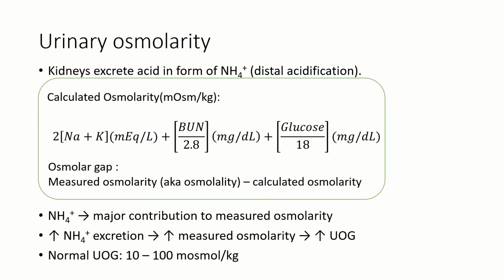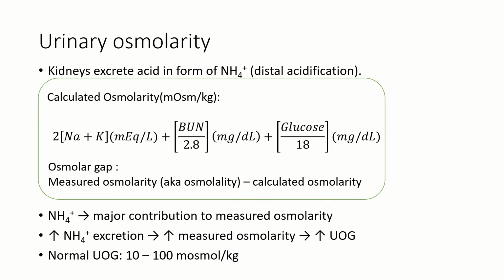The second thing is urine osmolarity. So the formula for urine osmolarity is 2 times sodium plus potassium, plus BUN upon 2.8, plus glucose upon 18. And why do we use sodium, potassium, BUN, and glucose? Because these are the major solutes that contribute to the osmolarity, and that's why it's a part of the calculated osmolarity.